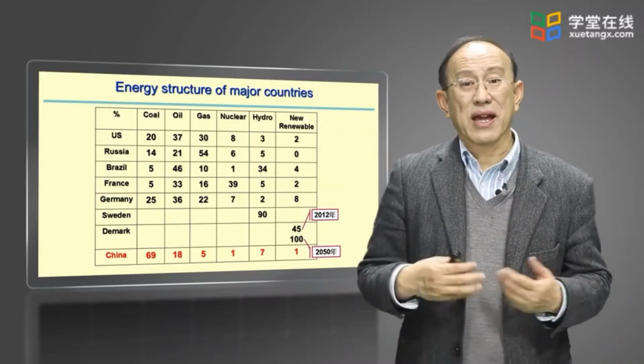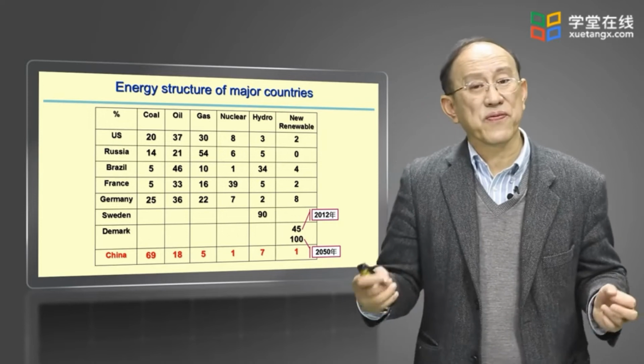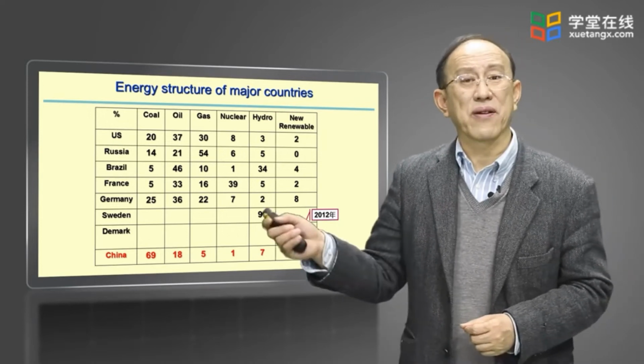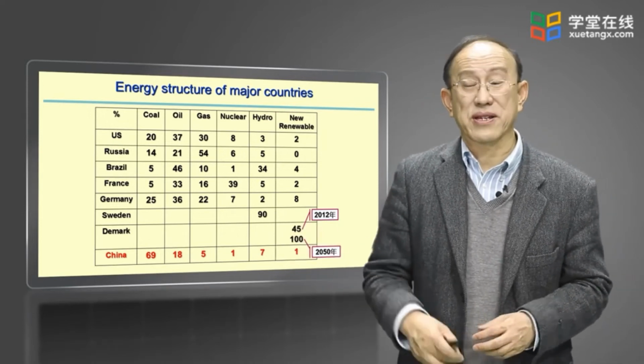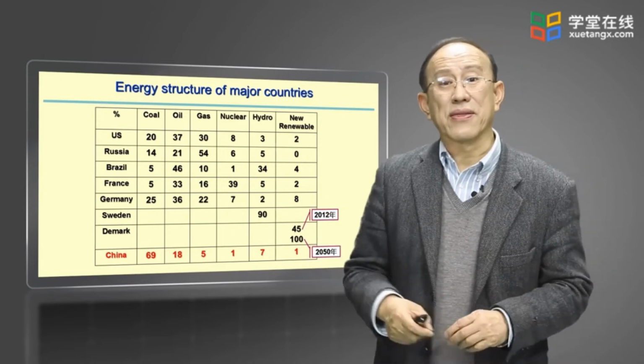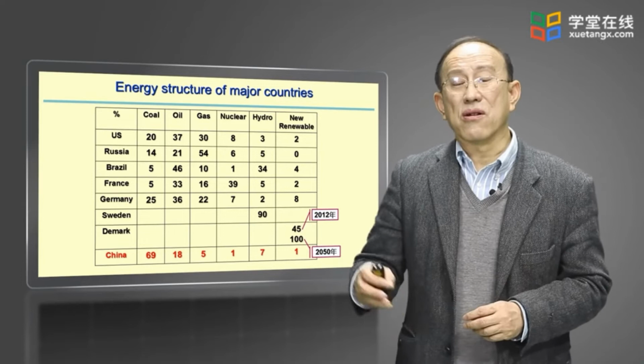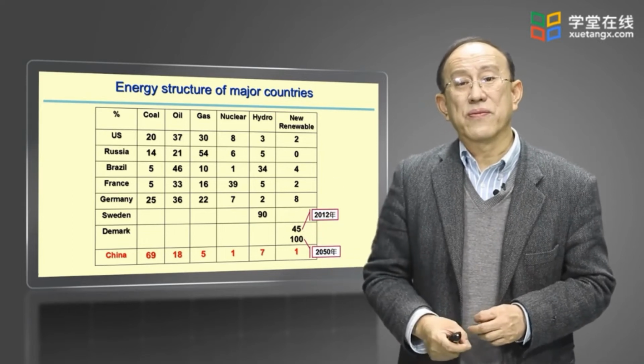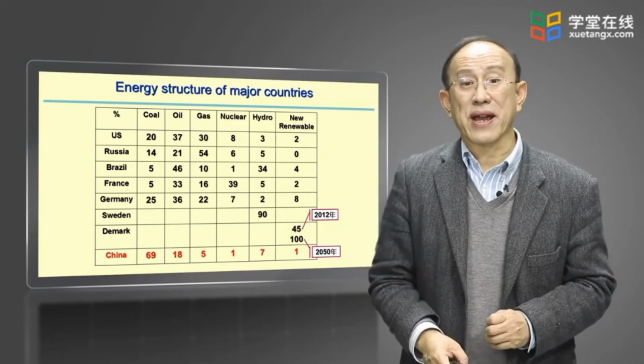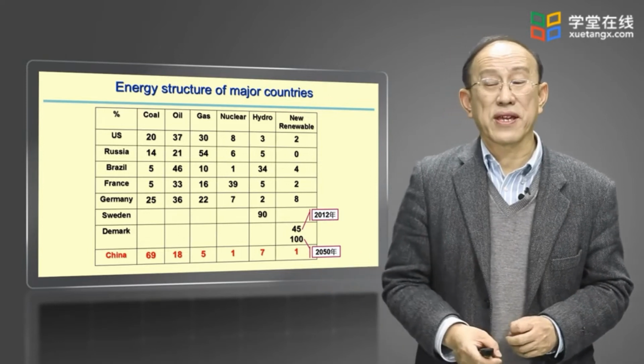Denmark right now gets almost 50% of its energy from new renewable sources, such as wind and solar. It plans to use 100% renewable energy by the year 2050.